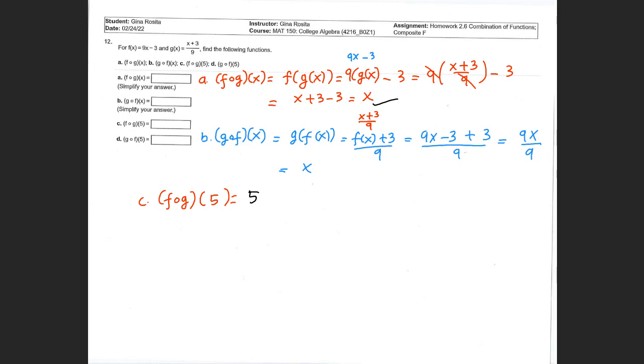Replace x with 5. D. You got the answer, you can just look at problem B. The answer is x. So g composed with f of 5, the answer is x over there. So you just replace x with 5. Okay, that's all. We finish.